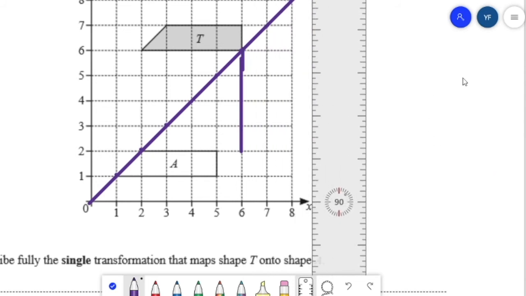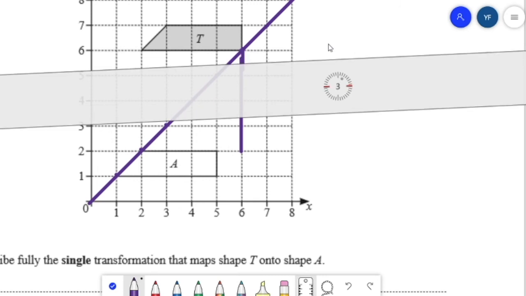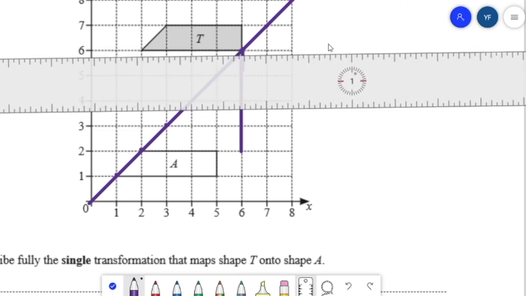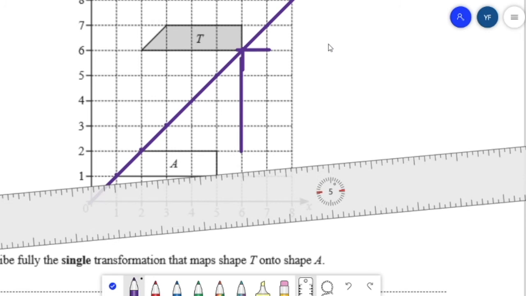Alright, now this line over here is vertical, so it will be horizontal over here. Okay, and now since this line over here was horizontal, it is going to be vertical over here.